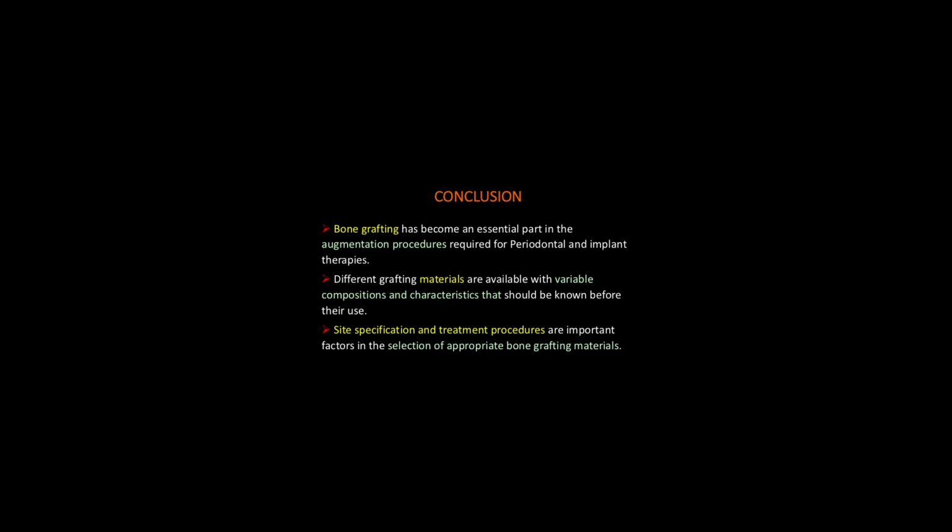Okay, in conclusion, bone grafting has become an essential part of the augmentation procedures required for periodontal and implant therapy. Different grafting materials are available with variable compositions and characteristics that should be known before they are used. Site specification and treatment procedures are important factors in the selection of appropriate bone grafting materials.